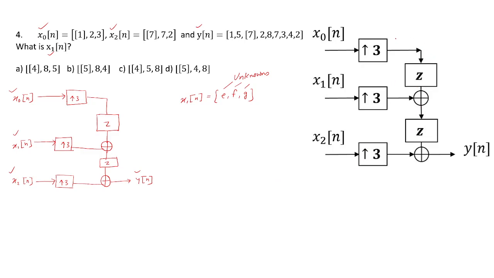So let us denote this intermediate sequence as x0 dash of n. This one is x1 dash of n.